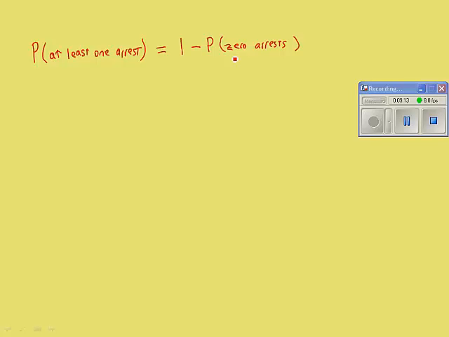So let's see. How would I get 0 arrests? Well, 1 minus. I'm sorry. I didn't write this correctly. It's not at least 1 arrest.